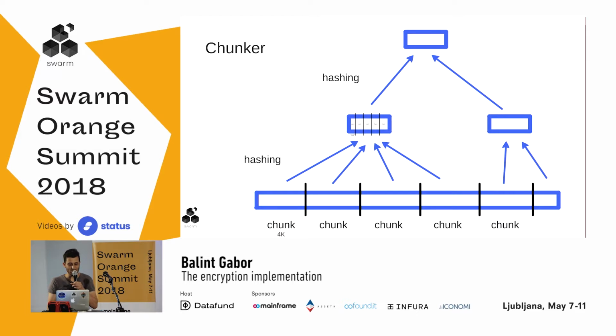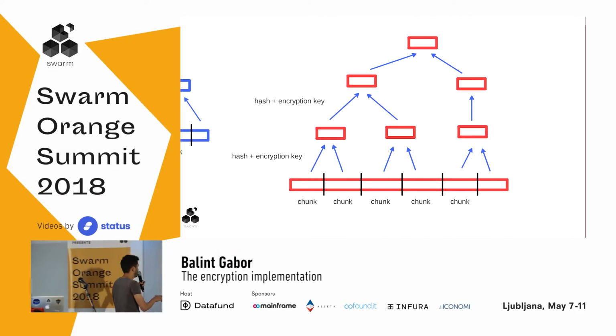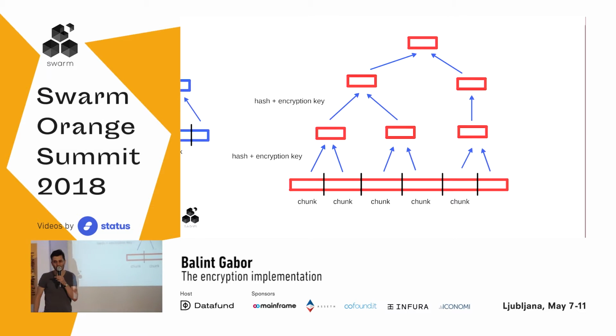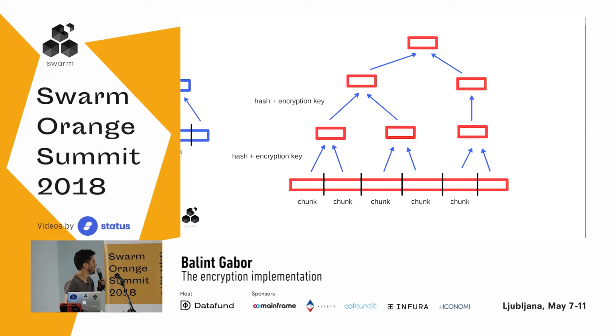So in the encrypted case, this tree looks a little bit different because the chunks are encrypted, and these intermediary chunks contain not just hashes as references, but the hash is always concatenated with the encryption key for that chunk. And I want to emphasize this because maybe it's not clear that all the chunks are encrypted with a different encryption key.